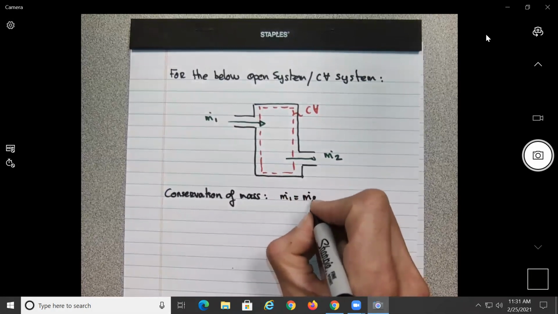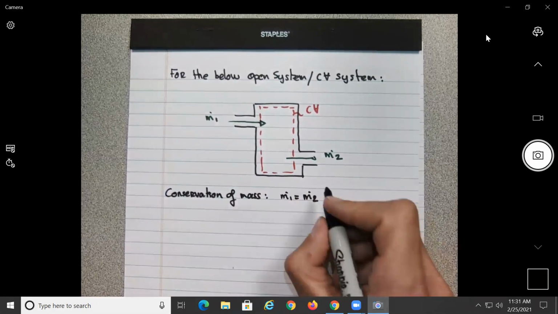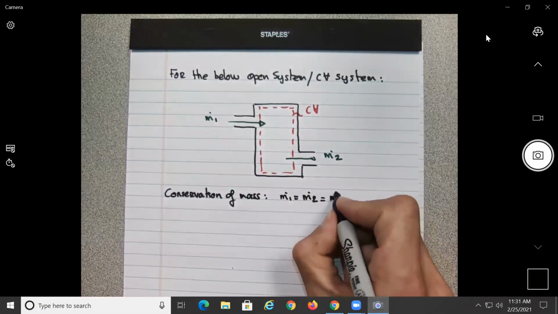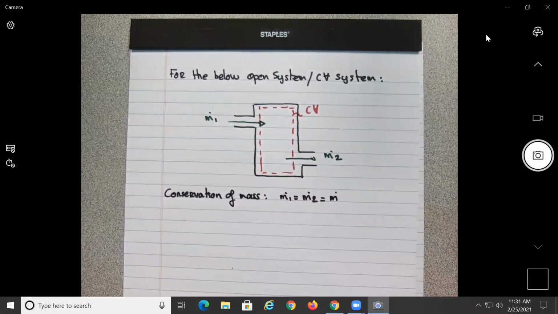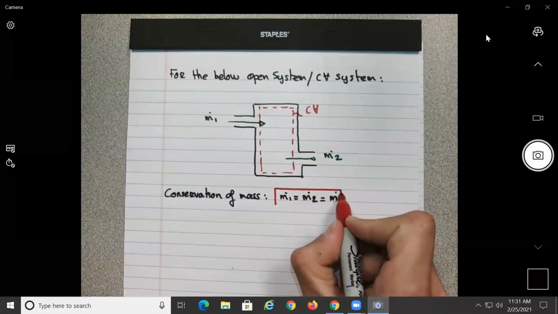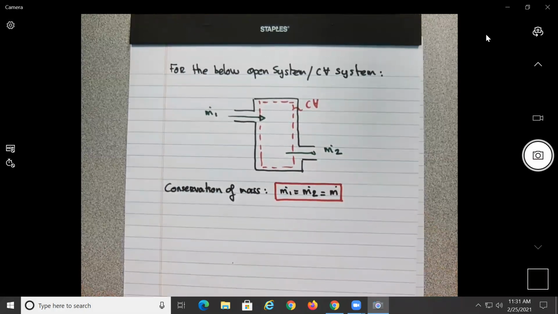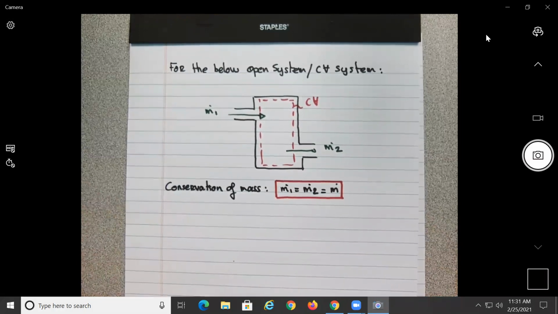That the amount of quantity going in needs to be equal to the amount of quantity coming out, no? Okay, and let's just call this one m dot. This will be 99% of the problems you'll be solving. Probably I do one problem where it's not the case, okay? But I don't want to overcomplicate the notation. I want you to understand the basics, and then I do the complicated case as an exception, okay?